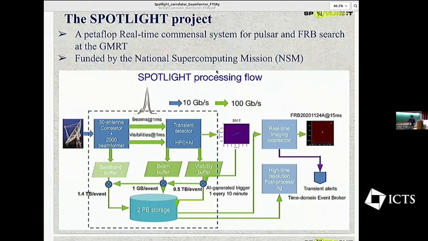Upon detection, we are going to record the actual baseband data, also the visibility data formed at high time resolution, which is 1.3 milliseconds, and also the beam data, into a 2 petabyte storage. All this is connected over a 100 gig InfiniBand. Post recording, we will be doing real-time imaging and localization, and also processing the baseband data for very high time resolution.